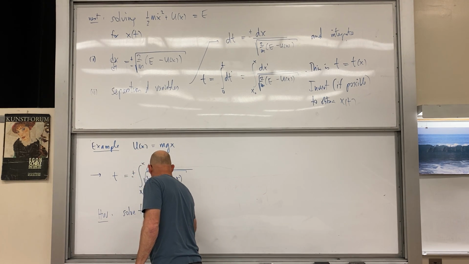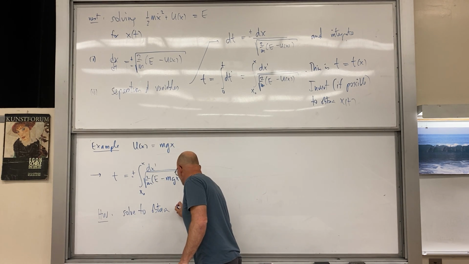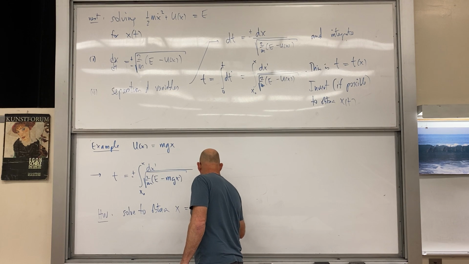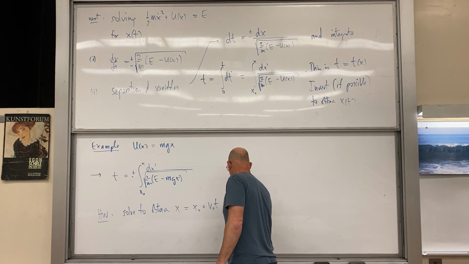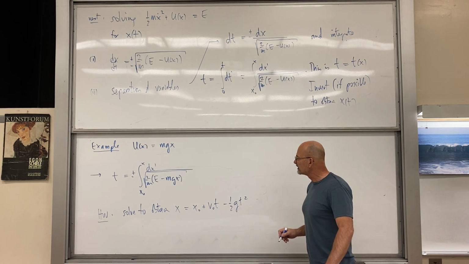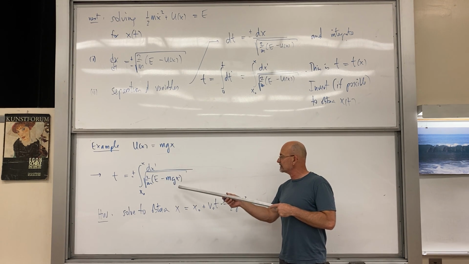to obtain, now in the final analysis, what are we supposed to obtain here? We're supposed to obtain x equals x0 plus v0 t minus 1/2 gt squared. Best to leave the energy unspecified right now.